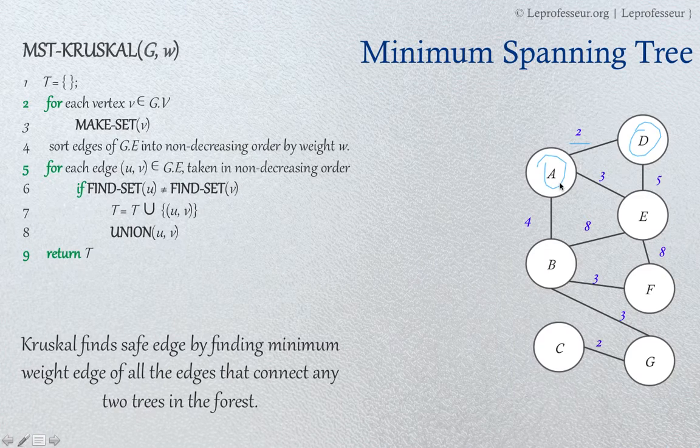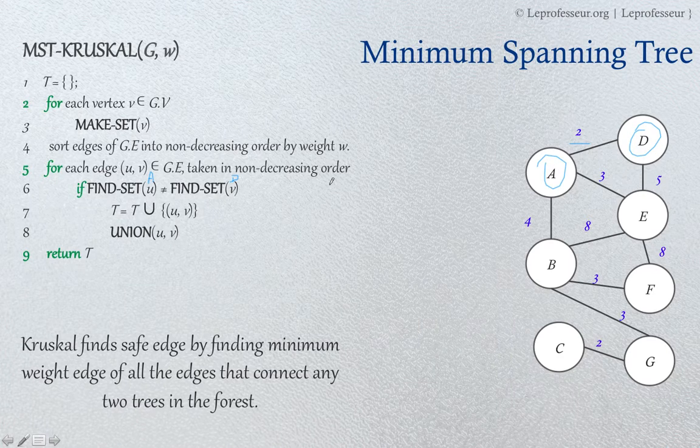If some set or some tree has A, that should not have D in order for that edge AD to be added to T. So if find set A is not equal to find set D, it means that you can safely add that edge and make a union of these two sets, or these two trees, A and D.